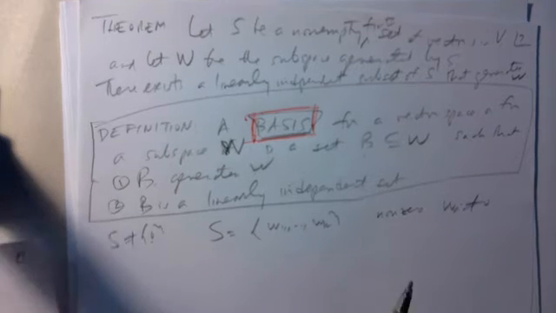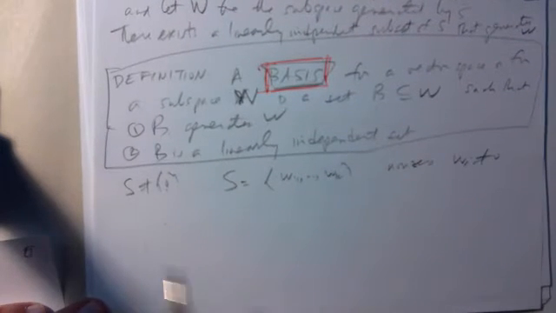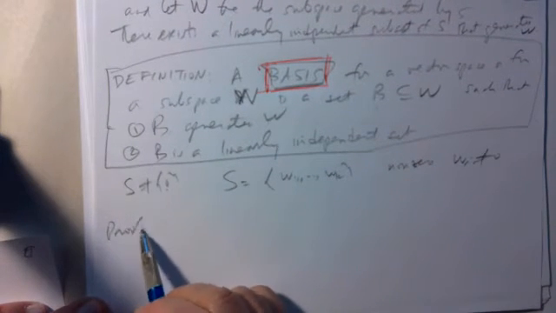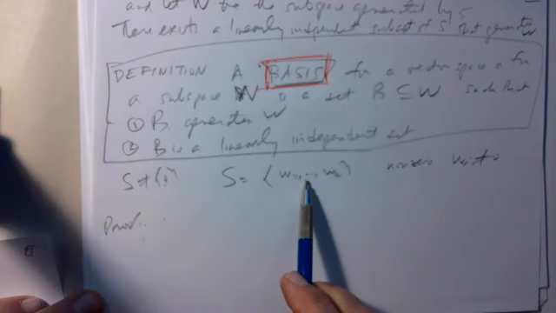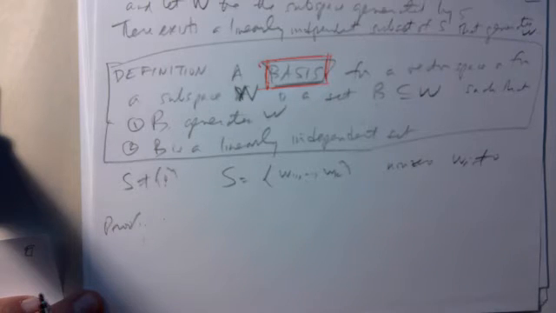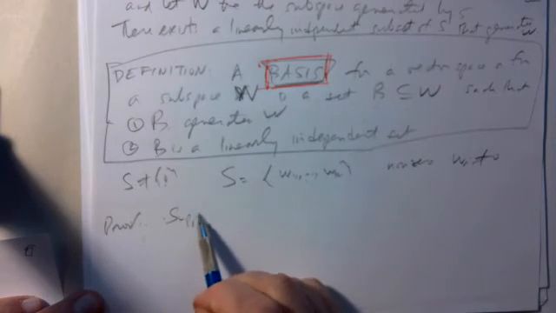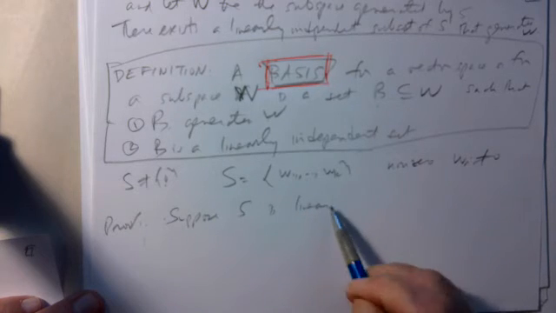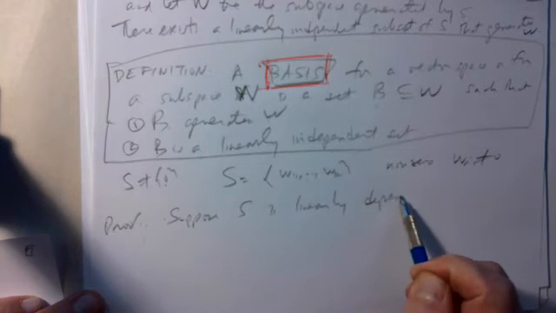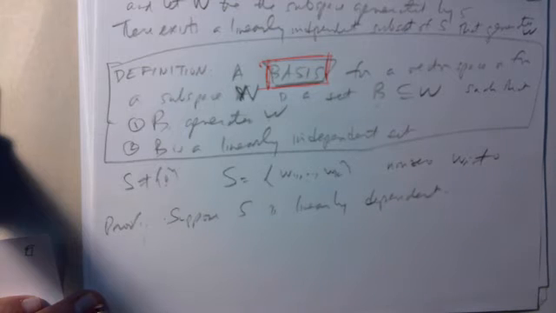So the idea of the proof is the following. There are two cases. If S is linearly independent, you're done. So suppose the set S is linearly dependent.